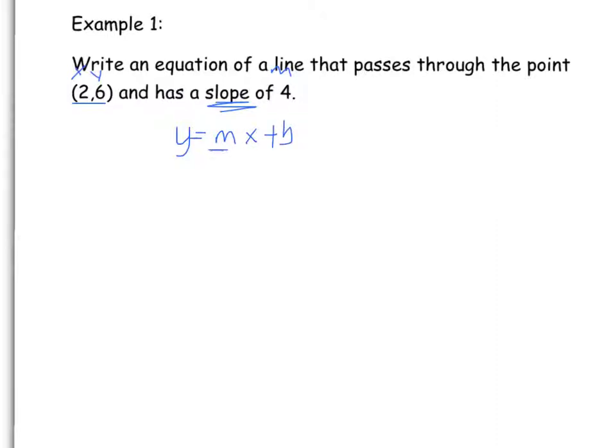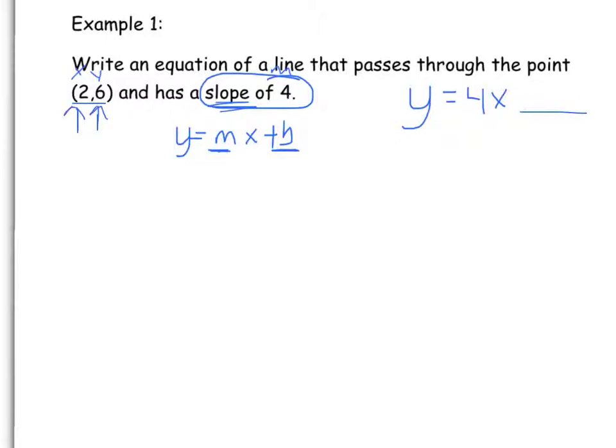So we need to know what the m is, and we need to know what the b is. And we do know what the m is because remember, m is the slope. So I can start my equation y equals 4x, but what I'm missing is this b. I don't know what b is, but it's really easy to find out because we have an x and a y. Here's my x, and here's my y.